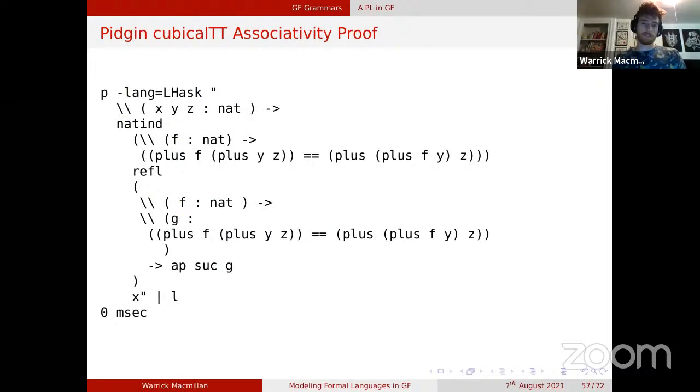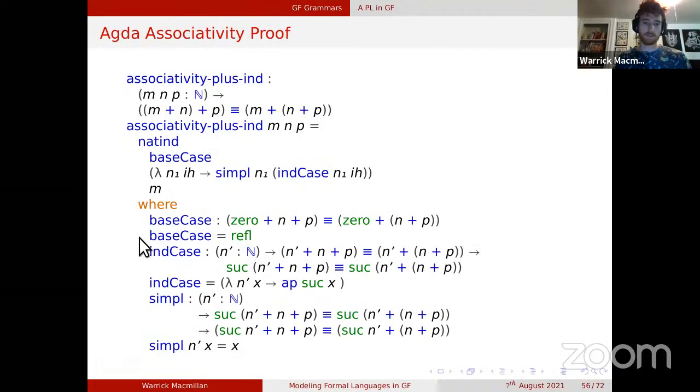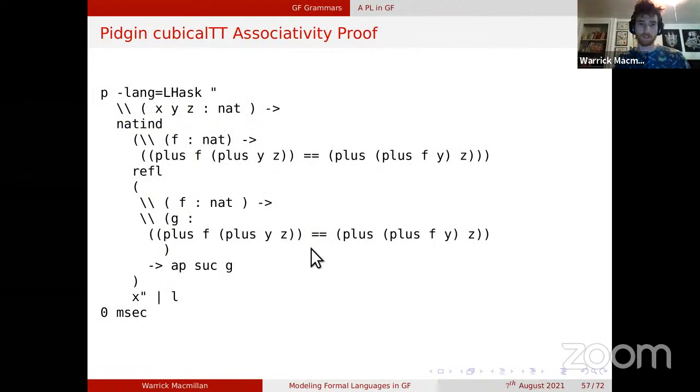So this is the proof in the dependently typed syntax that we chose. So you can see the parse. I use lhask for here, so it's some kind of Haskell wannabe looking syntax. It's an ugly looking version.